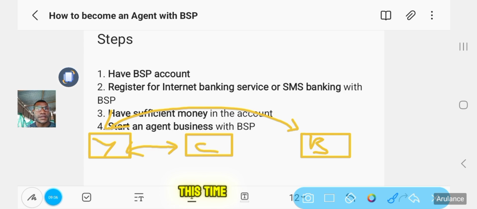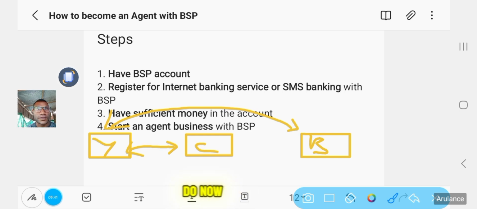Okay, but this time just imagine a scenario where the bank is crowded and they want a quick service. So they would want to get money from you, and assume that they are already registered with internet and SMS banking. All right, so they need some cash, and they want you to give them the cash, and then they transfer the money to you. Just imagine the scenario.